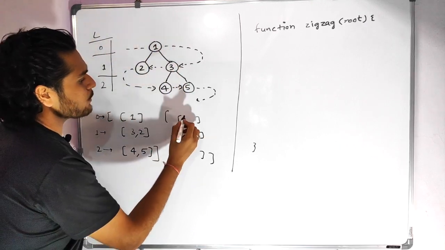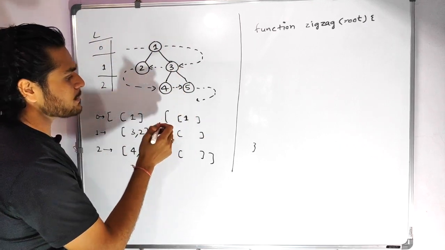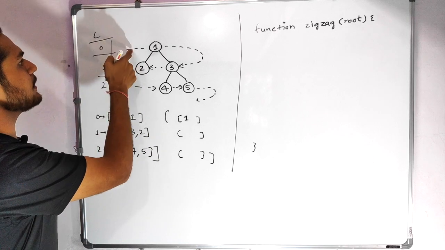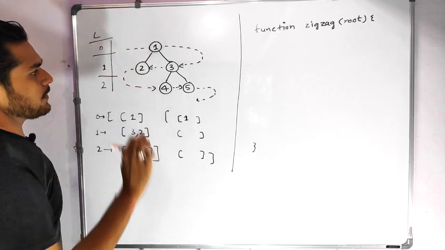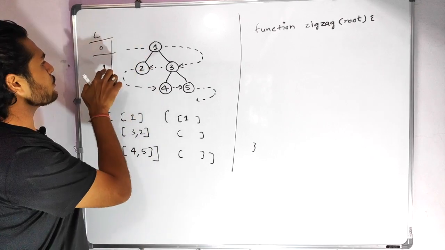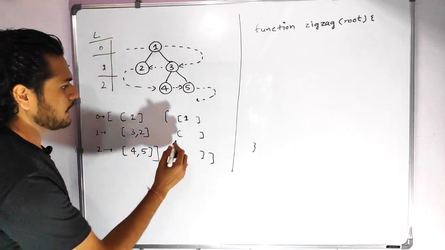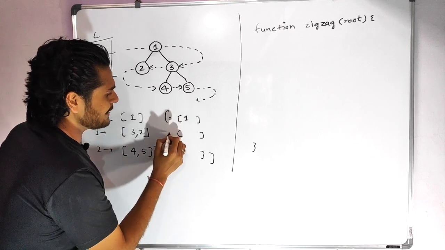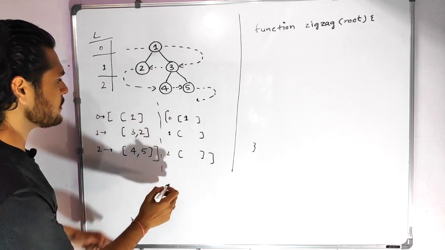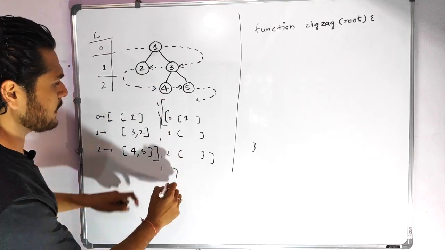Suppose we went to 1, we put this 1 into its respective 0th level bucket. Then if we went to 2, 2 should come in the 1 bucket. These are just the indices of the bigger array we have to return.